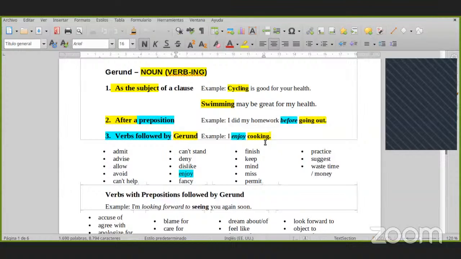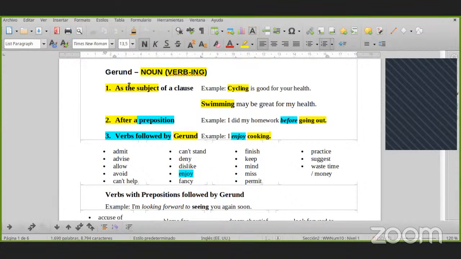This is the topic about, for example, when we use the gerund, the ing with the verb, but when we use it like objects or subjects, or in what kind of cases I can use the gerund, okay?